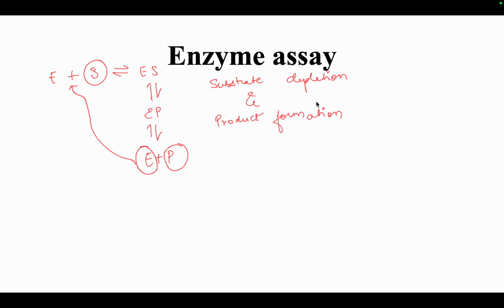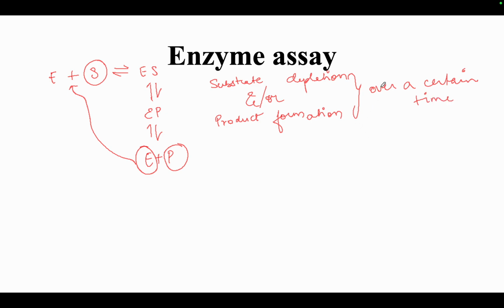So an enzyme assay could measure either of these two things: either substrate depletion, or substrate getting utilized, or product formation. The product is formed over a certain period of time.